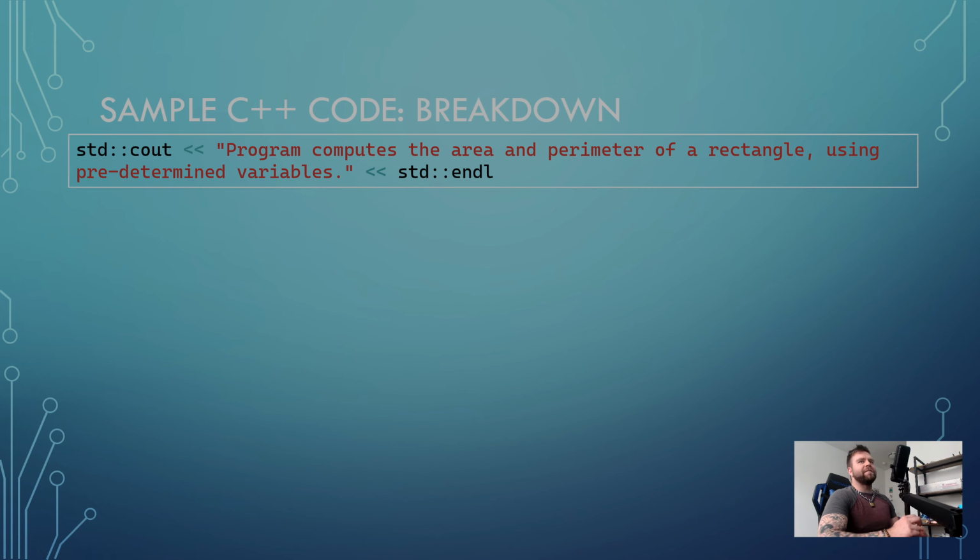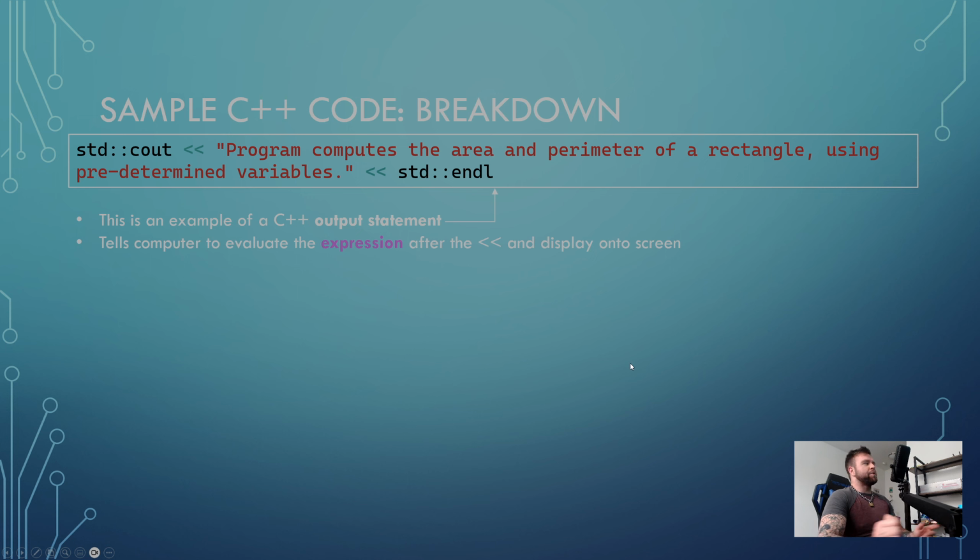Right here, guys, this is the first line of code that I wrote to output to the screen what was going on. This is an example of a C++ output statement. What is in the white box?